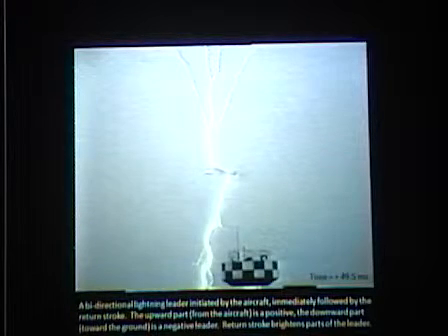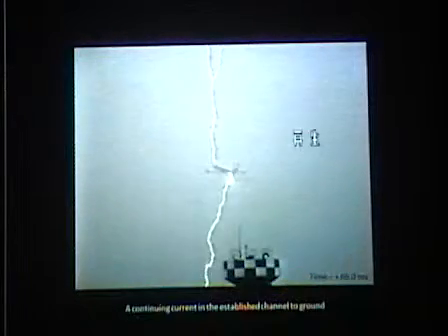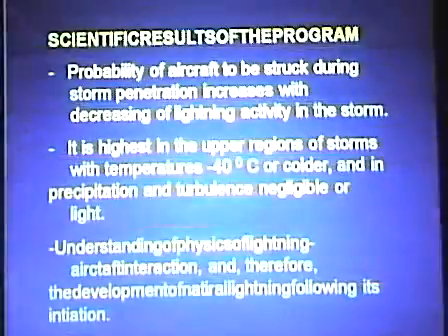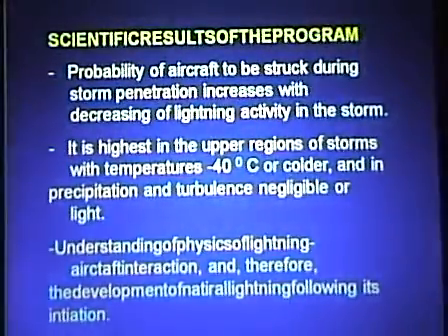And after that, we started seeing all the processes of multiple cloud-to-ground flash with several return strokes. Okay, this is another return stroke, and another return stroke. So this aircraft started lightning and it was exposed to 3 return strokes.